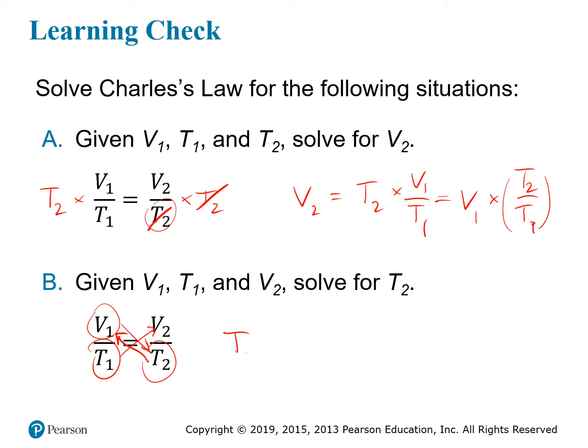When all is said and done, T2 equals V2, which was already on the right-hand side, with T1 next to it, divided by V1. We can recast this equation as T1 multiplied by the ratio of V2 to V1. This allows you to see that you're canceling out the volume units this time in favor of the temperature unit.